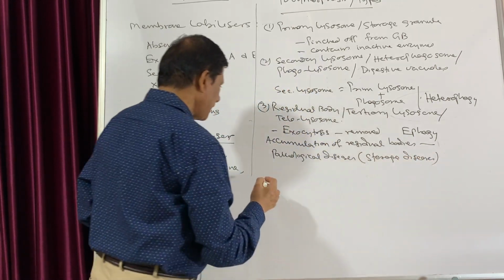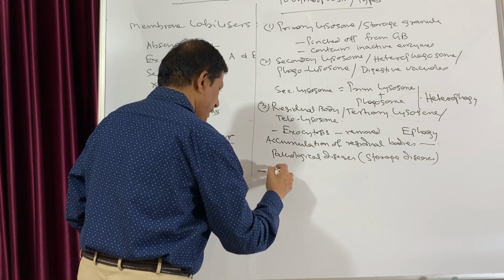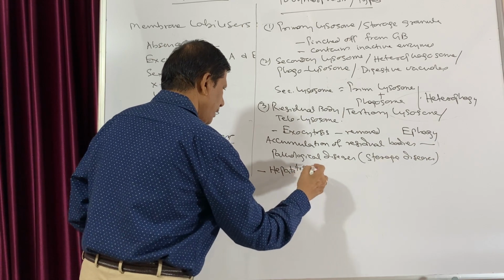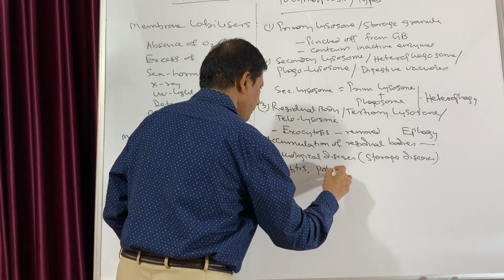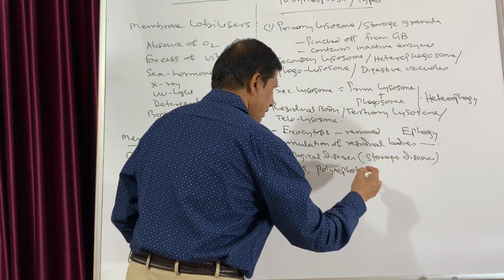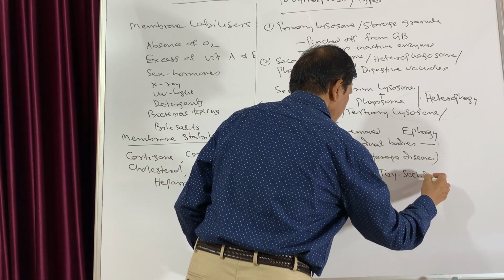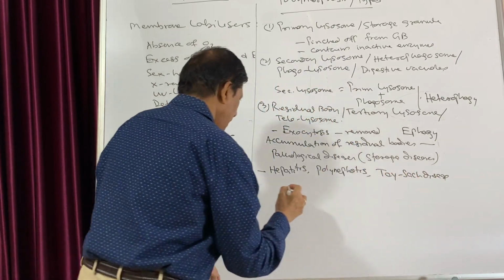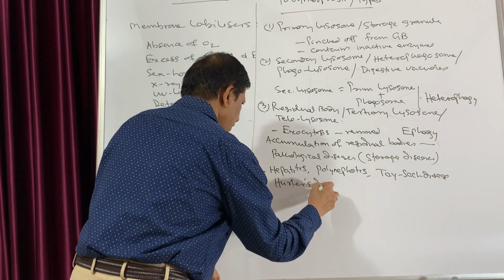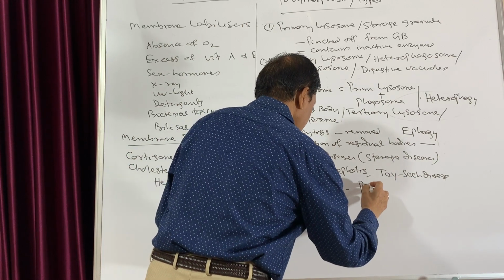So what are these storage diseases? Usually they are hepatitis, polynephritis, Tay-Sachs disease, Hurler's disease, and also Pompe's disease.